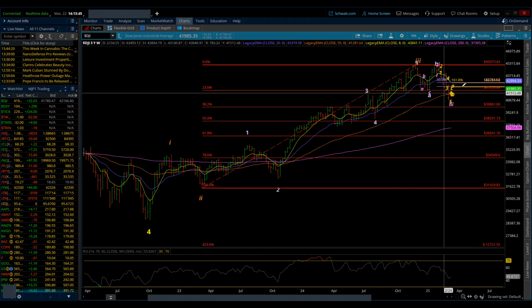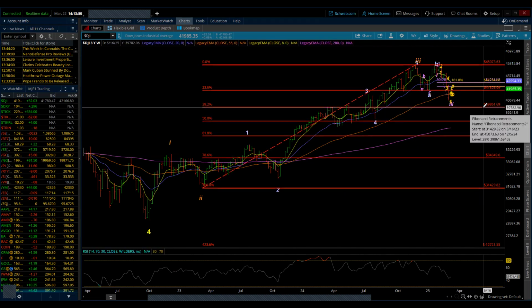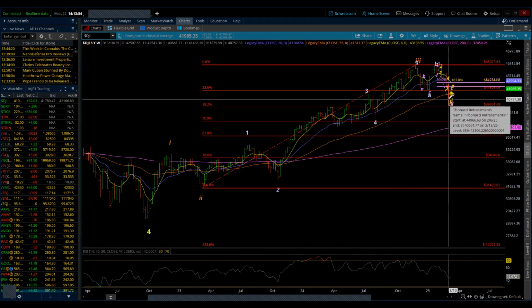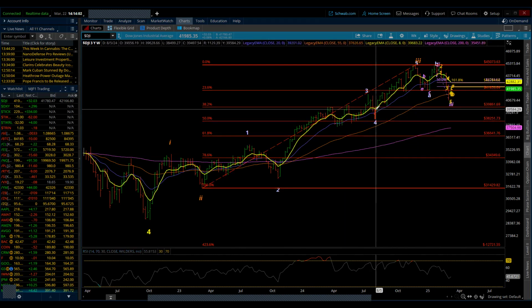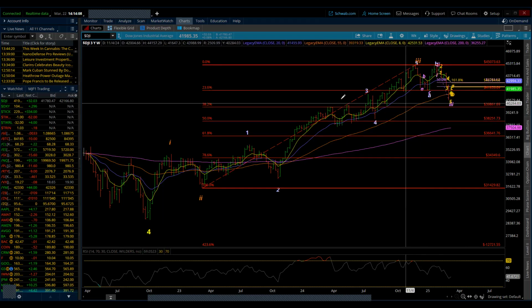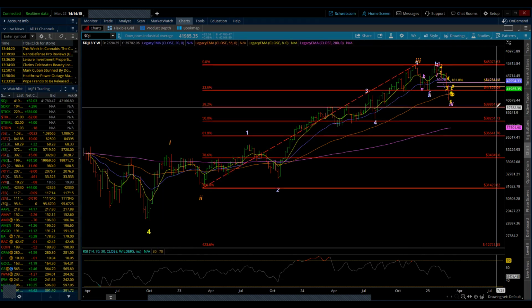So the potential for a drop is pretty heavy, and we should get below 40,000. And actually, I've been calling for probably that we may get down to 39,860 in that area. And that would be enough, since the most common Fibonacci relationship for a fourth wave is a 38.2% retracement. And that brings us right to that level.